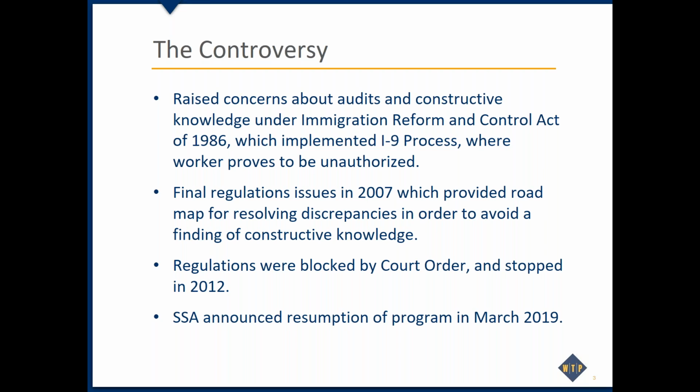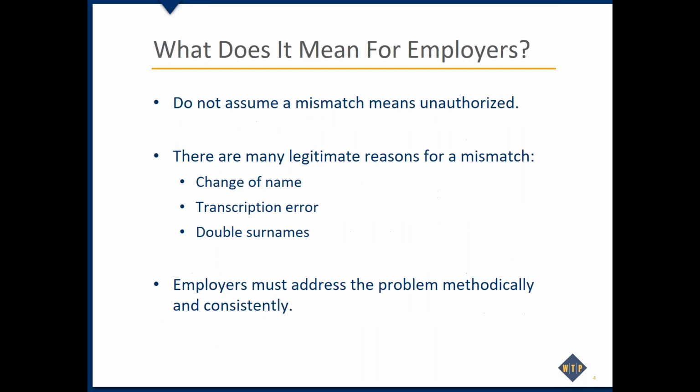Well, in March of this year, the Social Security Administration announced a resumption of the program, meaning that Social Security mismatch letters are now being issued and employers are receiving them and expressing concerns about what exactly they're supposed to do.